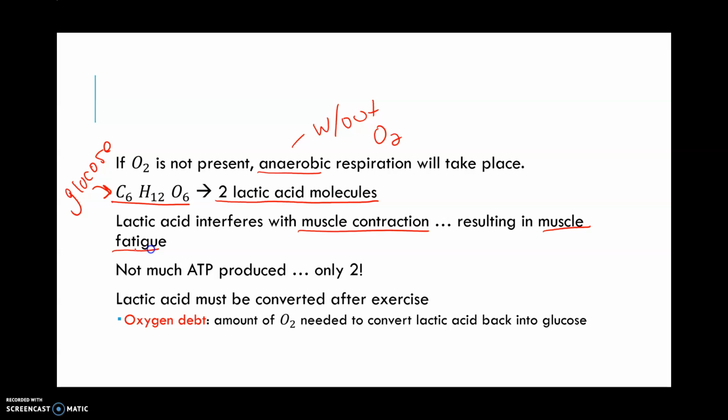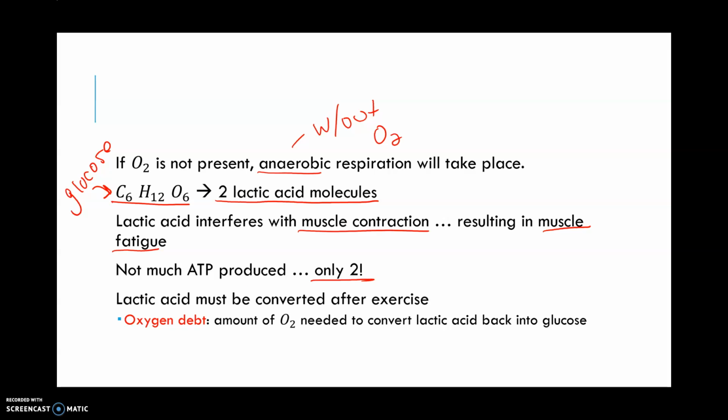So when you are doing an activity for a long period of time and you're not getting enough oxygen to your muscles, this is why your muscles become sore after really long strenuous activity. Remember, with anaerobic respiration, not as much energy is being produced. We only get 2 ATP from this anaerobic respiration.